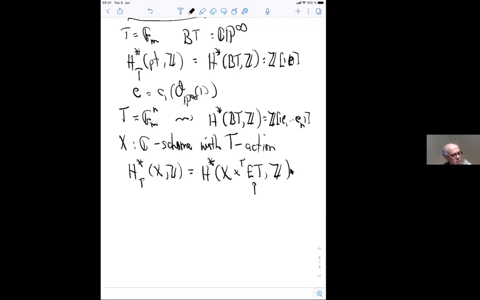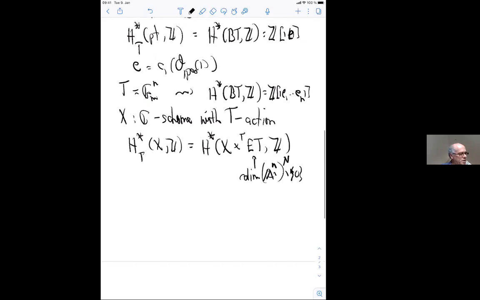This will be a colimit of A^N to the n minus 0, so you have a free T action, and you just take the colimit, and then this is defined to be the limit of the cohomology. All right. And you have a similar theory for Borel-Moore homology, but as I said, I'm not going to tell you about it.